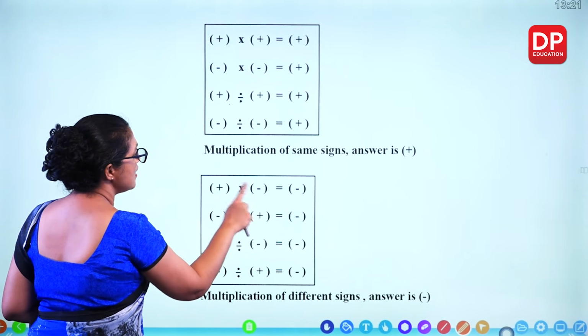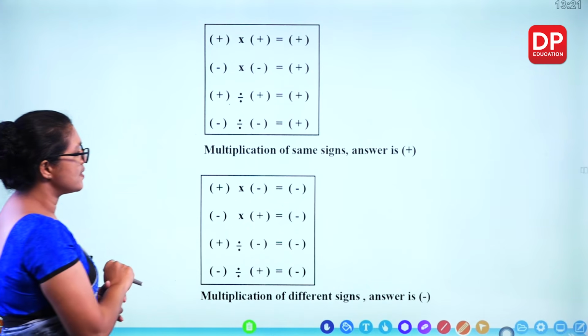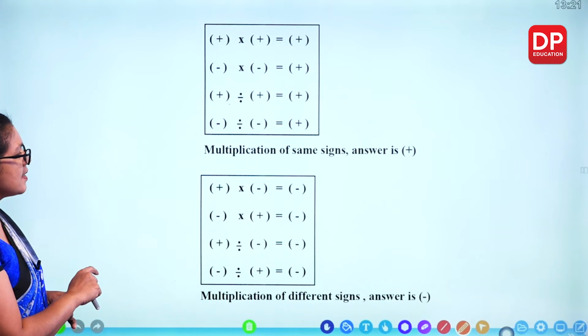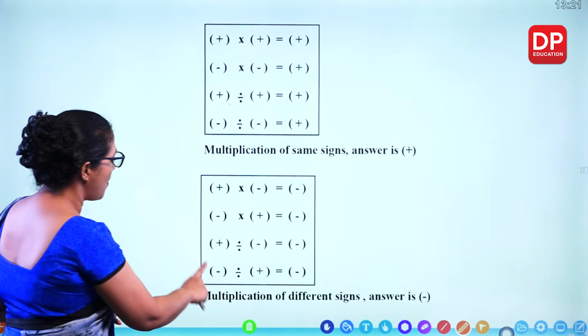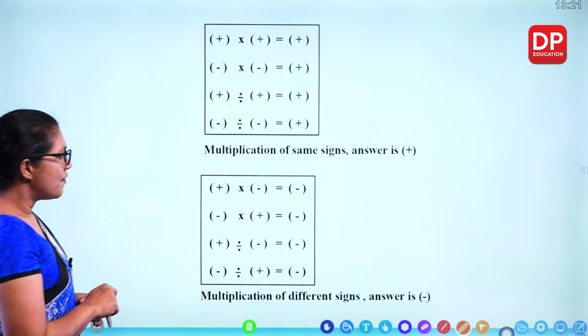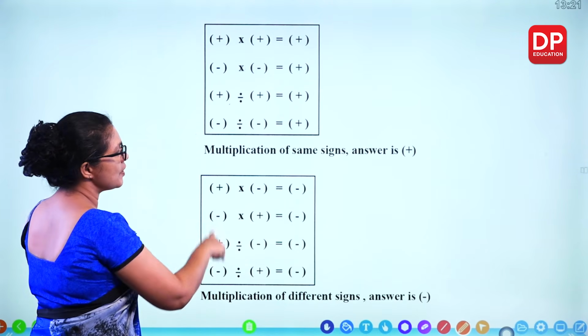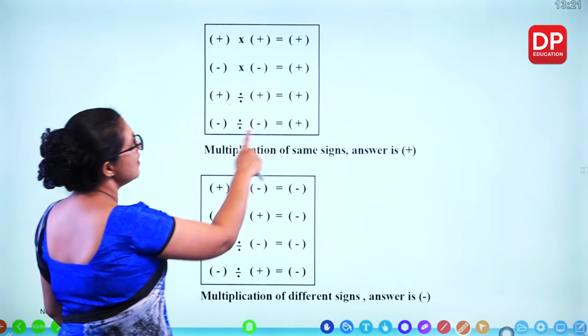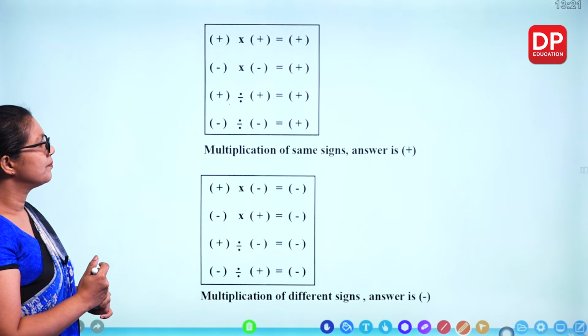Order is not important. You can get negative number, divide by a positive. Still the answer is negative. So multiplication of different signs, answer is negative. So in this case you get negative, here you get positive for same sign.